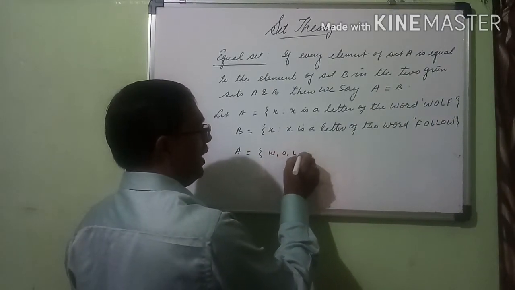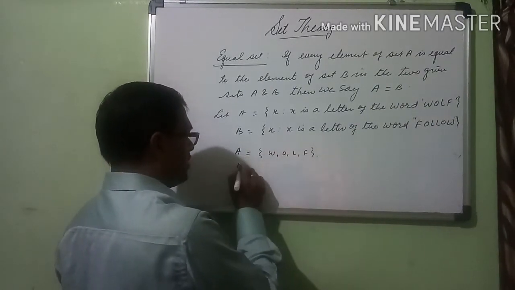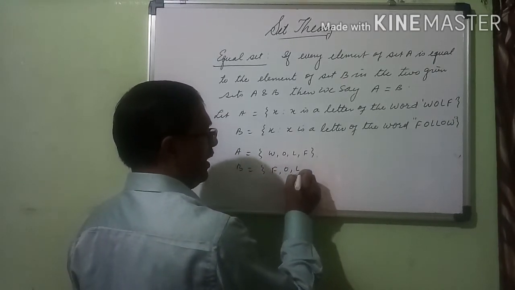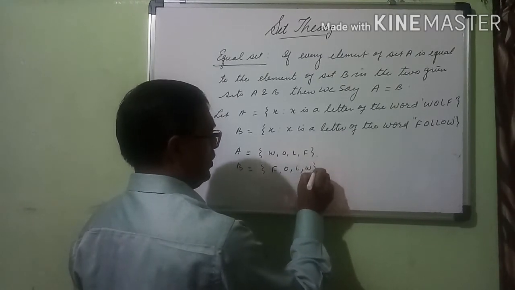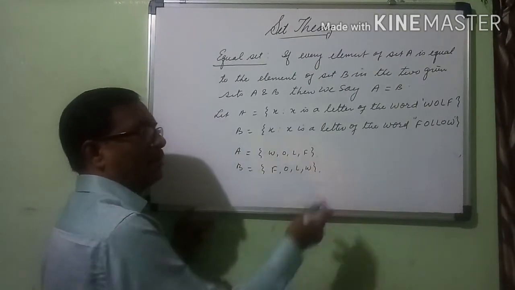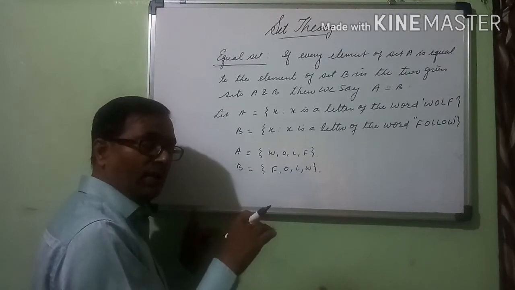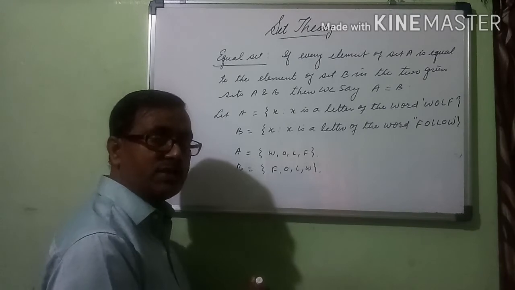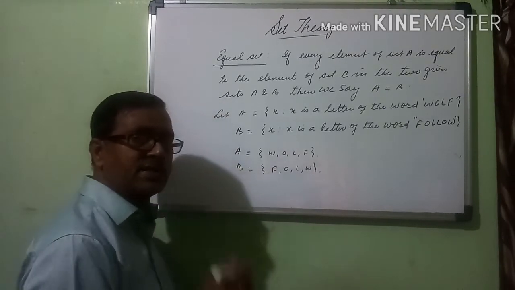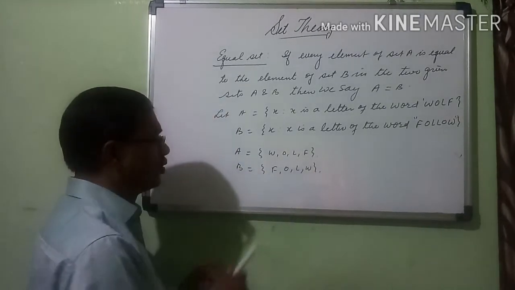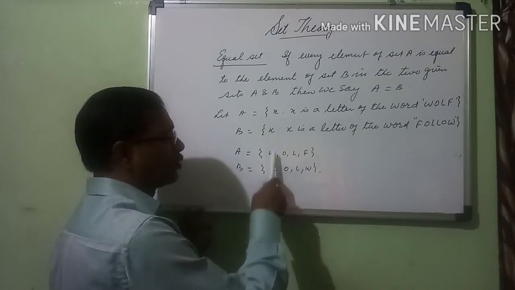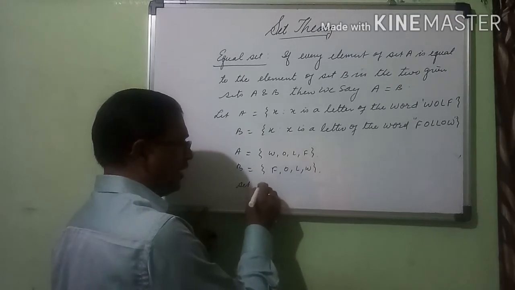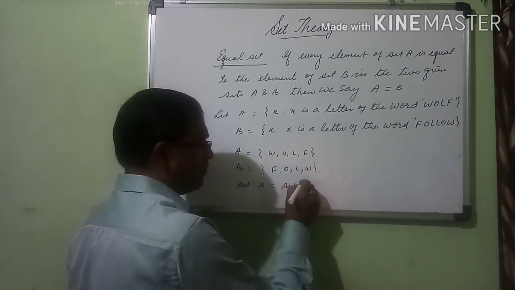W, O, L, F. Elements of B: F, O, L, W. Because I said in the beginning that an element which is repeated is considered only once. So here B is equal to F, O, L, W also. Therefore we can say set A is equal to set B.